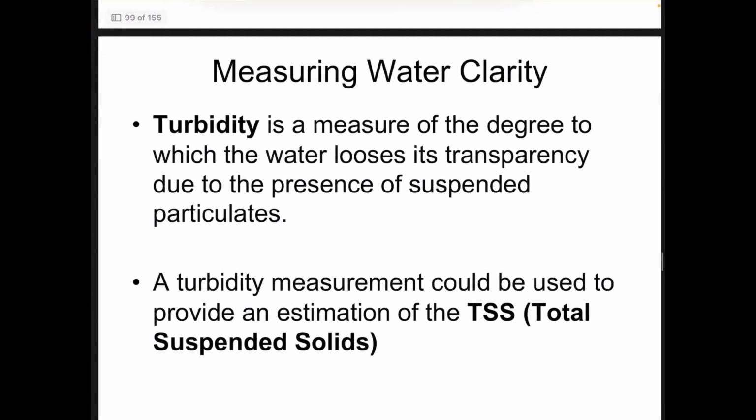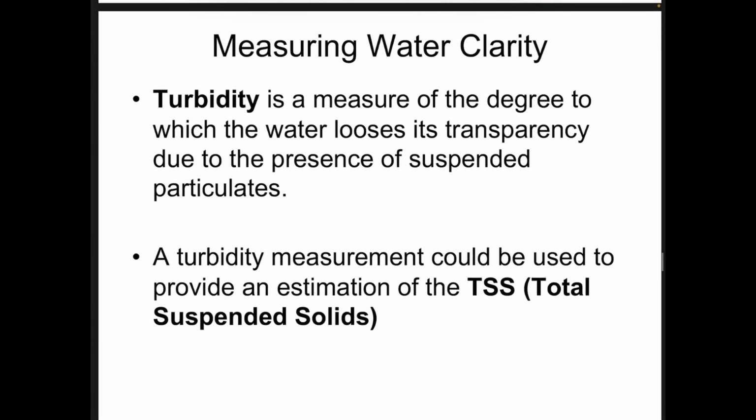So, in measuring water clarity, first off is turbidity. Turbidity is a measure of the degree to which the water loses its transparency due to the presence of suspended particulates. It's like whether the water is murky or not, in Visayan terms.